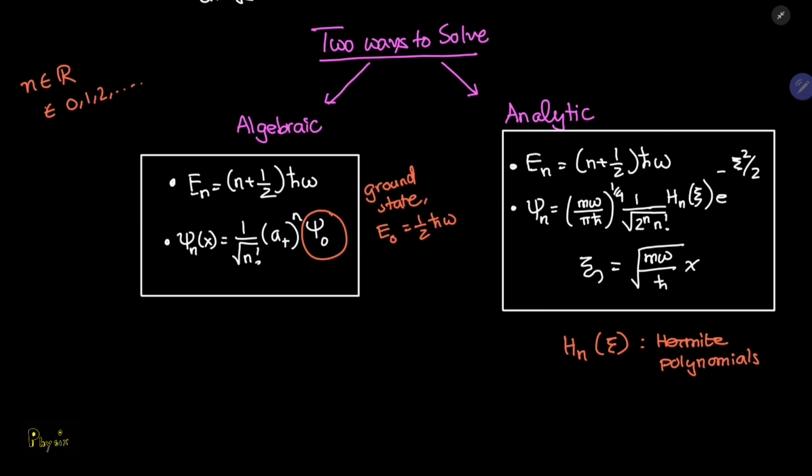In the algebraic method, a plus is the raising ladder operator. There's also another operator called the lowering ladder operator. So what are these ladder operators? This is what we are going to deal with right now.